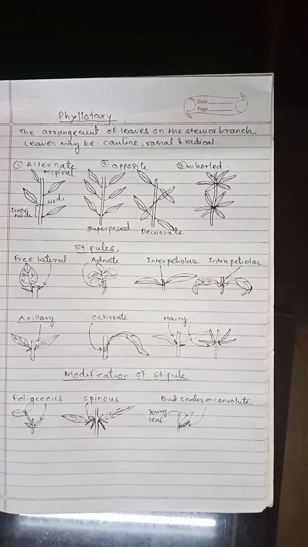Example, Ixora and Hamelia. And intrapetiolar stipules, also called axillary stipules. Stipules present in the axil of the leaf are called axillary stipules. These are also called intrapetiolar stipules. Example, Gardenia.